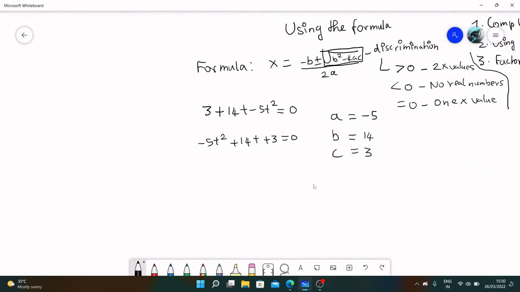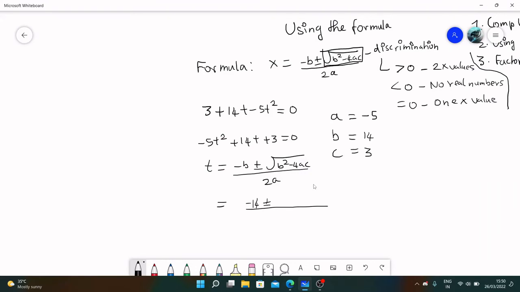We now go ahead by substituting the values into the equation. Once again, our formula is minus b plus minus square root of b squared minus 4ac, by 2a. So over here we actually have the variable as t and not x, so instead of writing x, we can keep it as t. Our b over here is 14, so minus b would be minus 14.